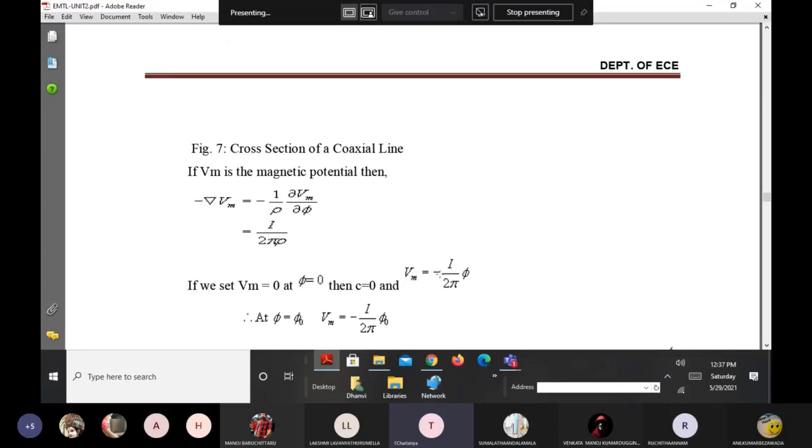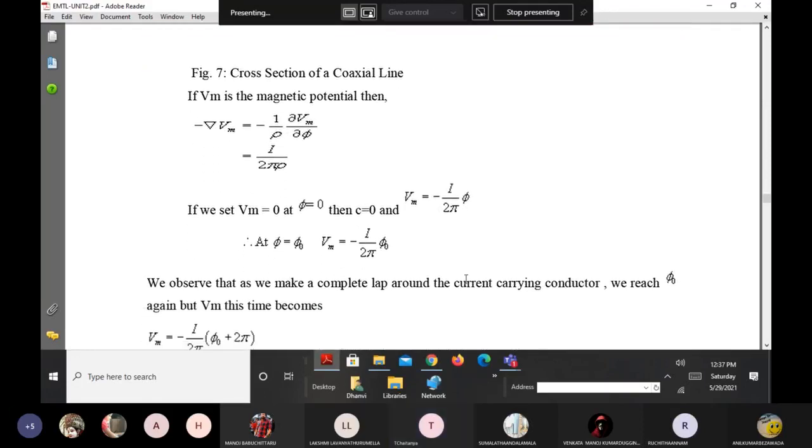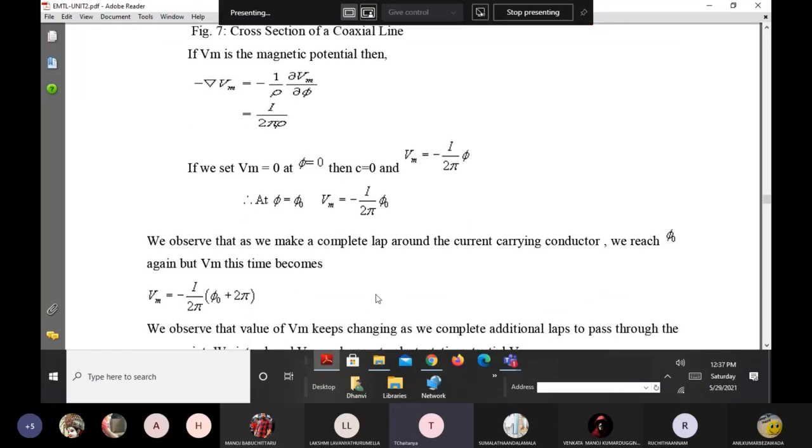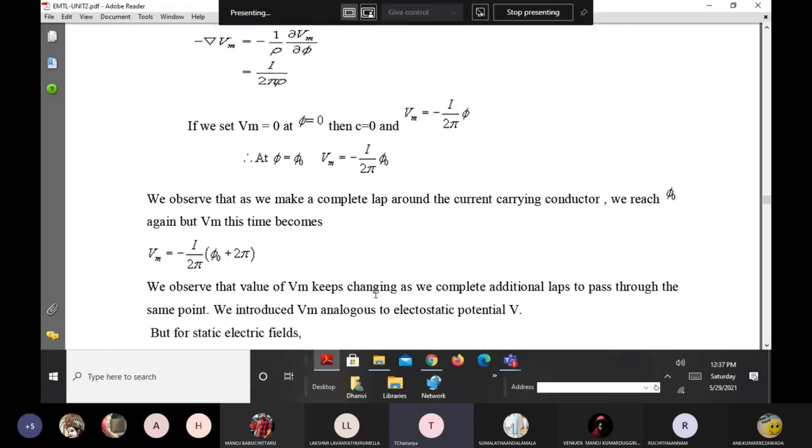From this, Vm equals minus I by 2 pi times phi. So we observe that from Vm, the scalar potential equals I by 2 pi rho into phi plus 2 pi. This is the scalar potential for the magnetic field.